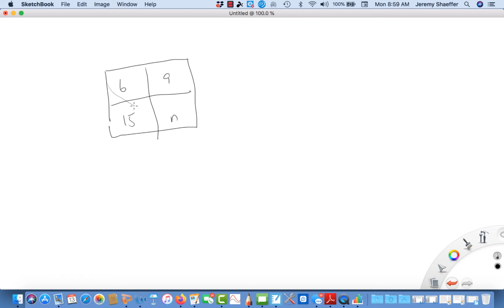And again, because they're equal, we can say 6n equals 15 times 9. We divide by 6, we divide by 6, n equals this. Well, let's do this. 15 times 9 should give us 135. So 135 over 6.